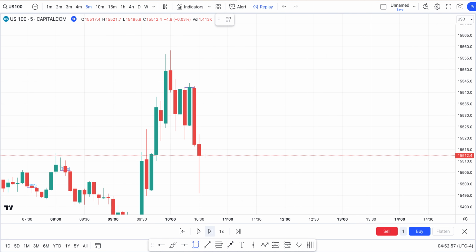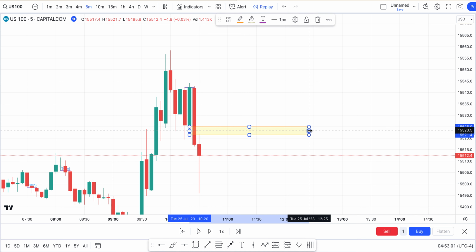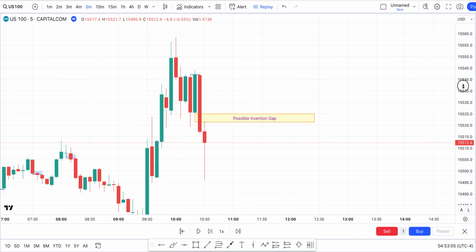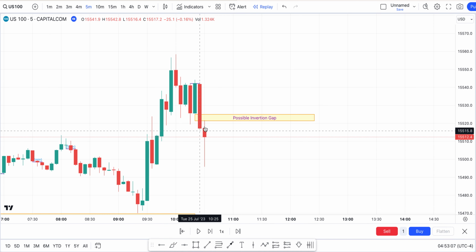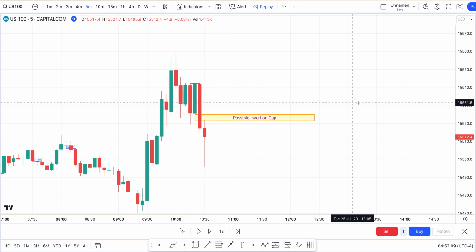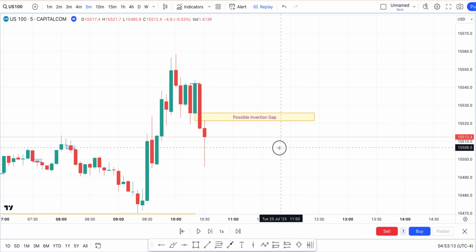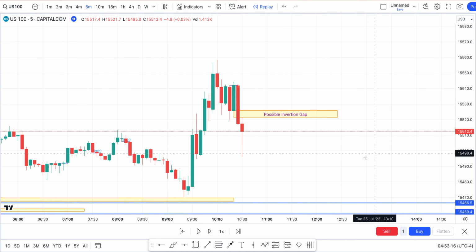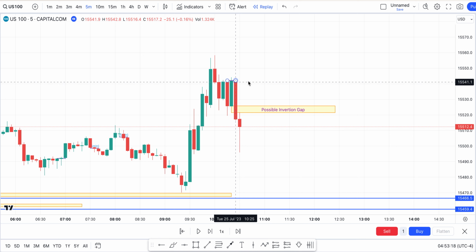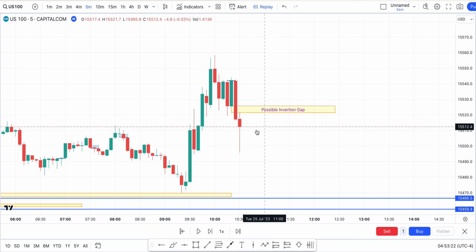So now this is an inversion fair value gap with this low and this high being of importance. So once this high is taken, I'll look at that as activation, comes back in. If it goes below this low, it's invalidation.